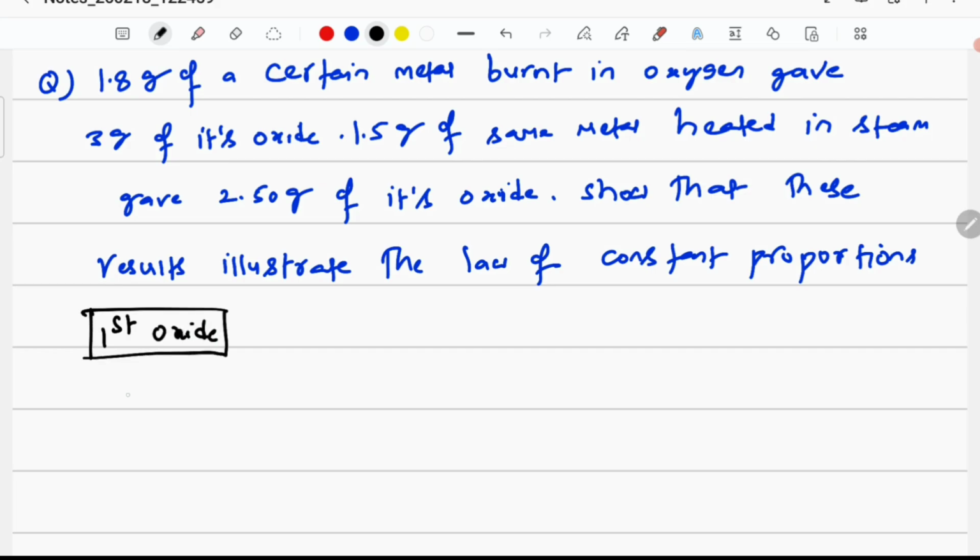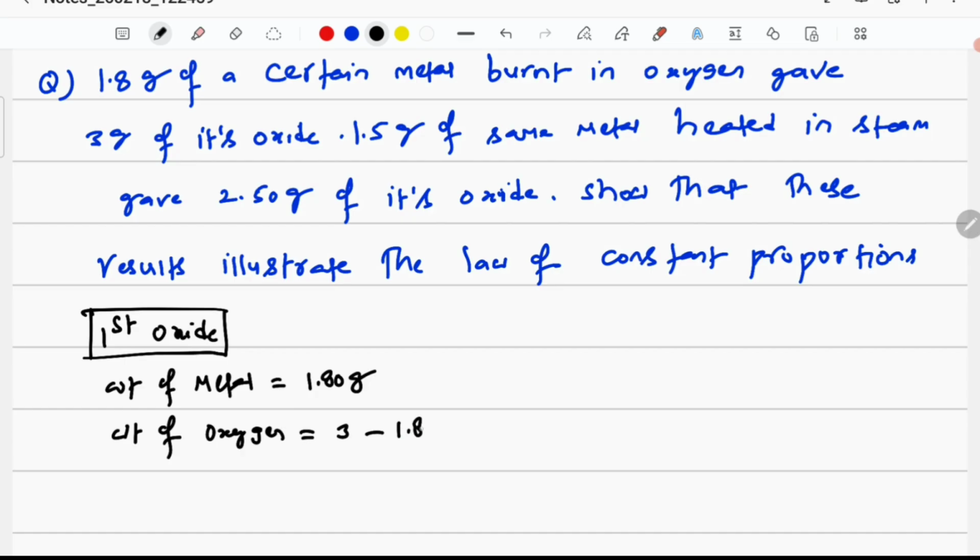In the first oxide, the weight of the metal is 1.80 grams, and then the weight of oxygen: the total is 3 grams of the metal oxide. So the weight of oxygen is 3 minus 1.8, that is the metal amount. If you remove it, the oxygen amount is 1.2 grams.